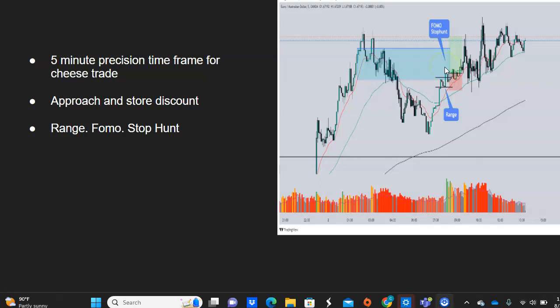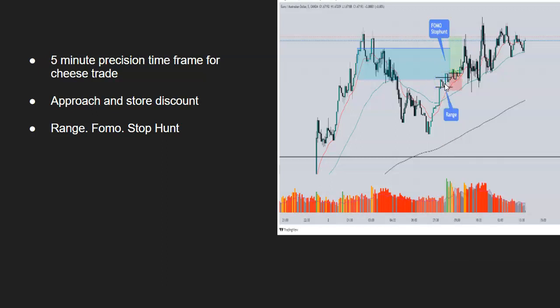This is where they start chasing and becoming fearful that they're going to miss out. And as soon as they chase, they bring it back. They stop hunt their stops, people who have a break even and people who put their stops below here. You can clearly see that this is the stop hunt.